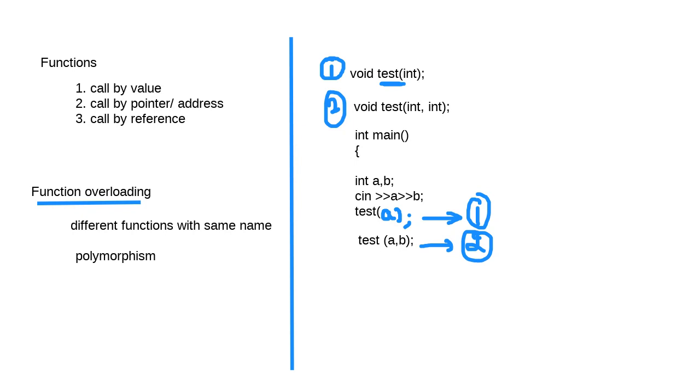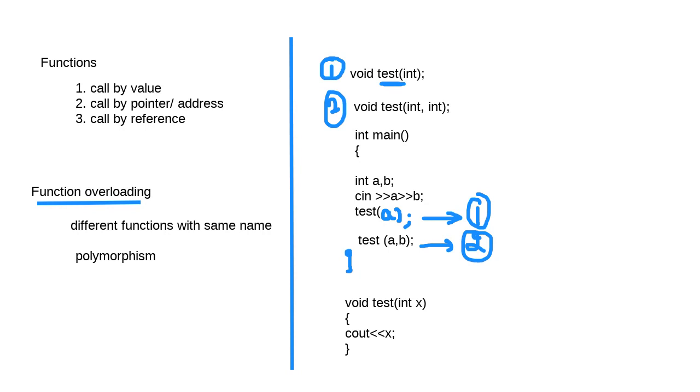Okay, so let me say this is the end of main, and then let me define these tests. Void test: if one argument is passed, I'll receive one argument, and let me say cout x. This is one definition.